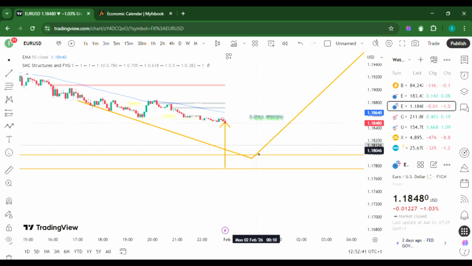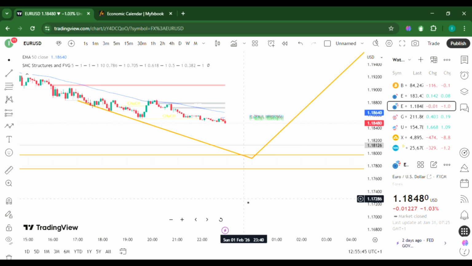Or you want to see a bullish engulfing candle, engulfing about 1, 2, or 3 sell candles to the upside, then you are sure price wants to go to the upside. So you need a clear confirmation to be sure that price wants to go to the upside before you execute this trade.